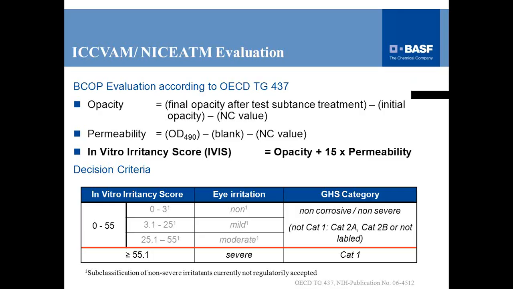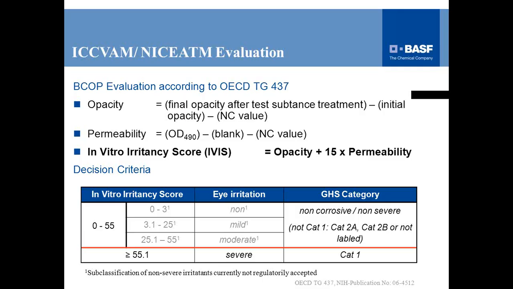Hans has nicely introduced the calculation of the in vitro irritation score, so we don't have to talk about the details here. Again, for the OECD guideline protocol, we're using opacity and permeability values only, so histology is currently not considered. In the table down here, I have summarized the classification laid out in the OECD guideline, and this is based on the GHS category.